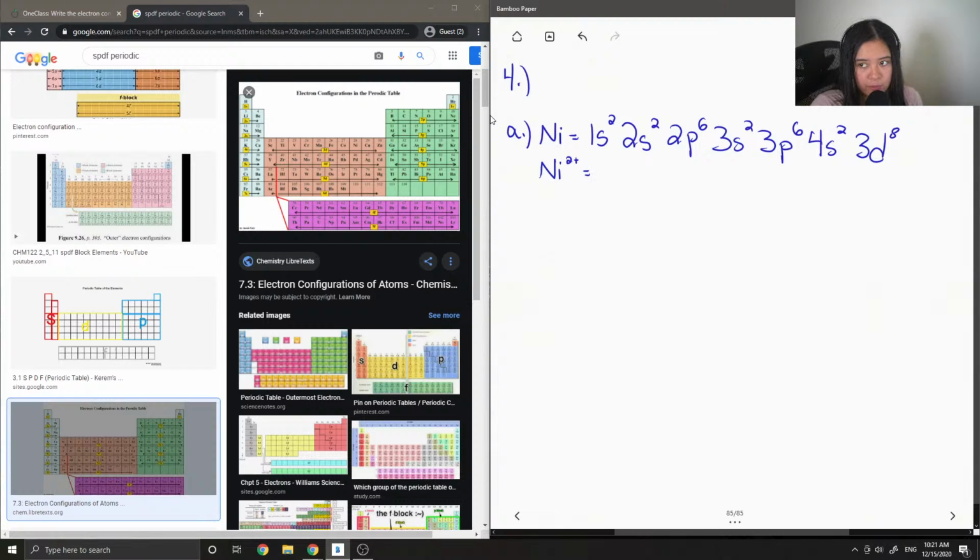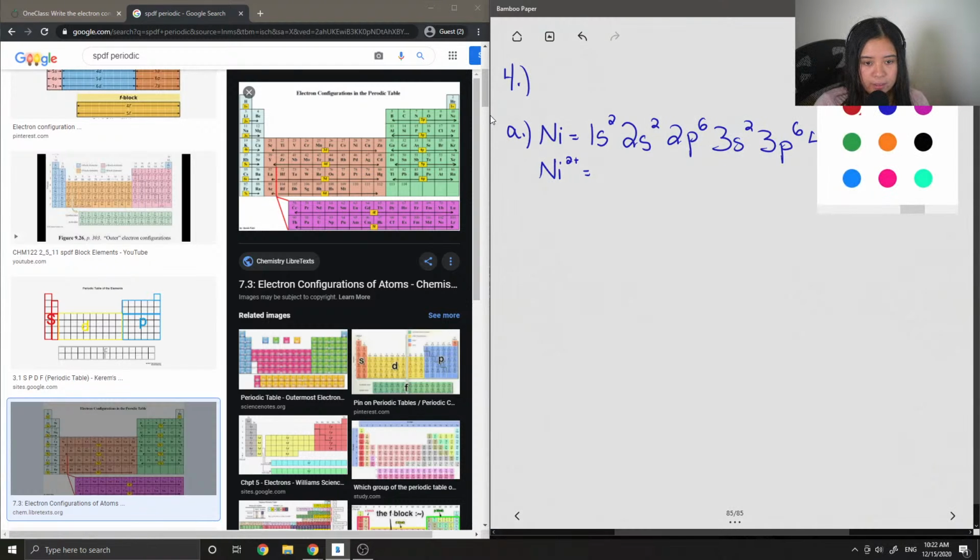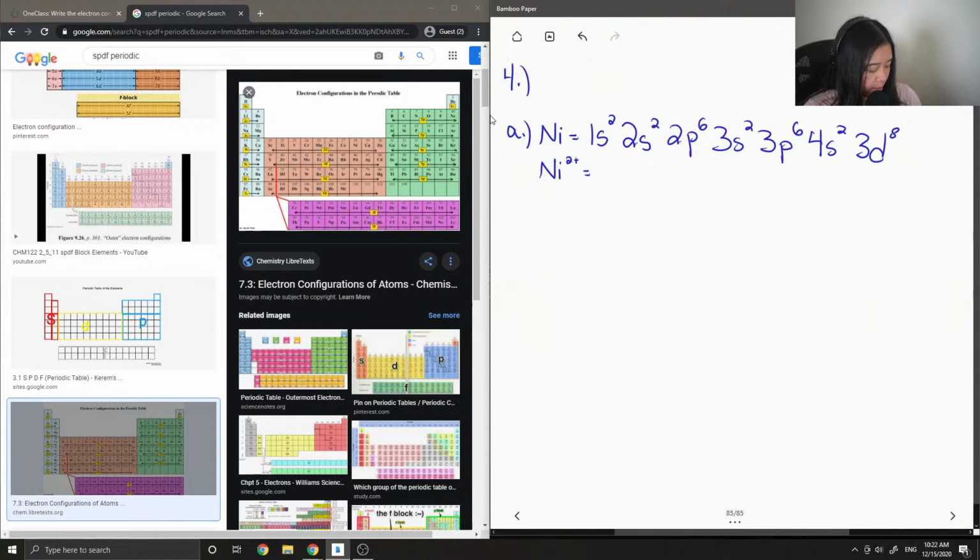Typically we would take electrons from the last orbital, but in this case we will be taking the 2 electrons from 4s2, because partially filled d orbitals are more stable.